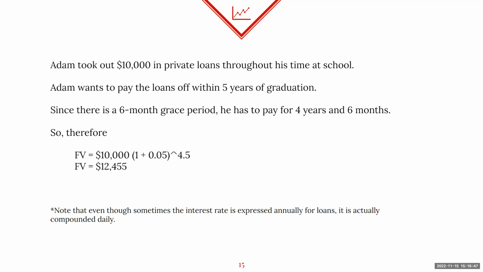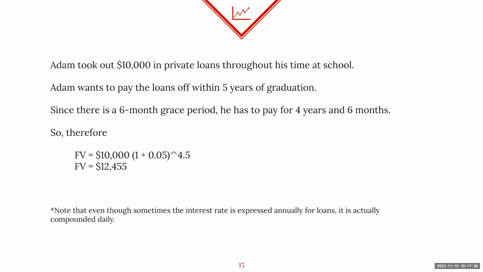So we calculate the future value formula by placing $10,000 as the present value and multiplying it by the parentheses 1 plus 0.05, assuming a 5% fixed interest rate, to the power of 4.5, which is the period that the interest is going to accrue. Doing all that calculation, it rounds out to about $12,455.